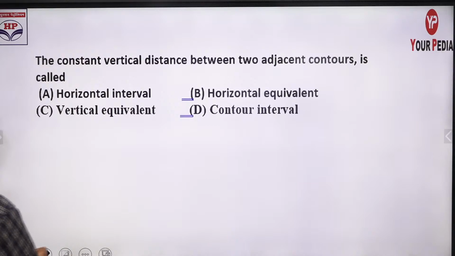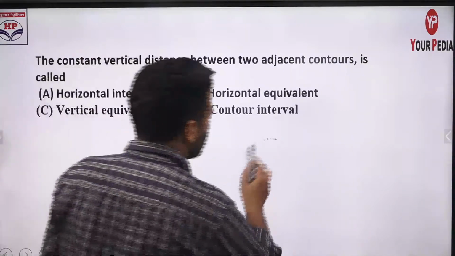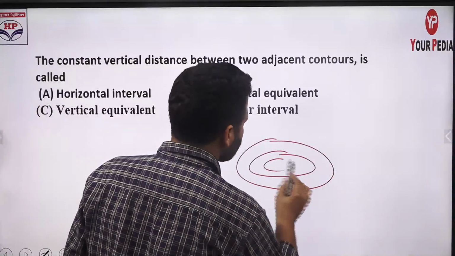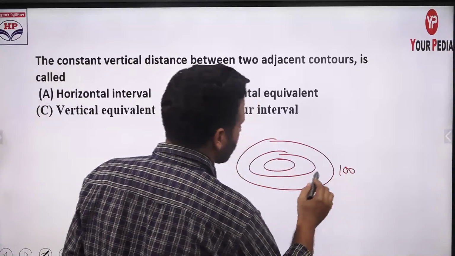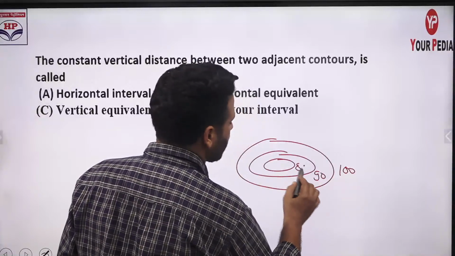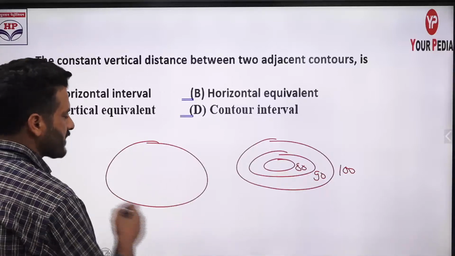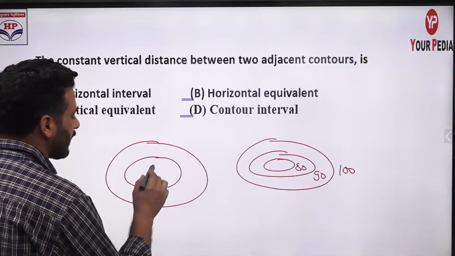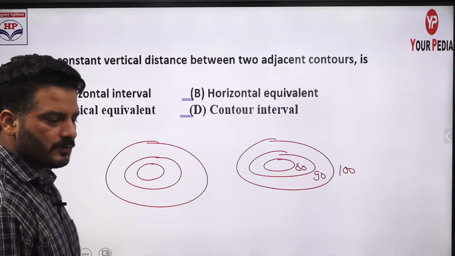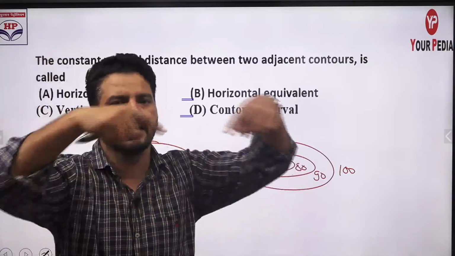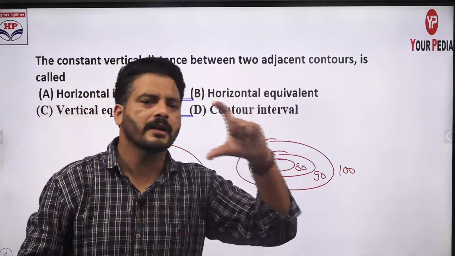So we have contours. Suppose this is a 100 RL contour, 90 RL contour, 80 RL contour. Just consider tires: one tire of larger diameter, another of smaller diameter, and another much smaller. One tire is placed here, another above it, another above it. So what is the vertical distance that we have?